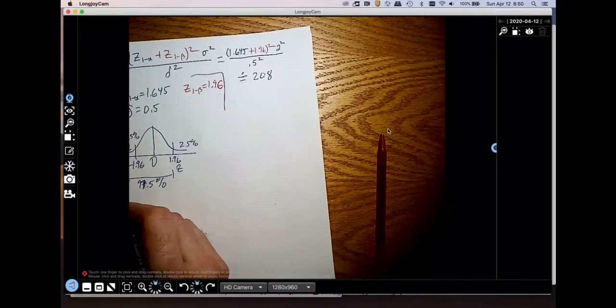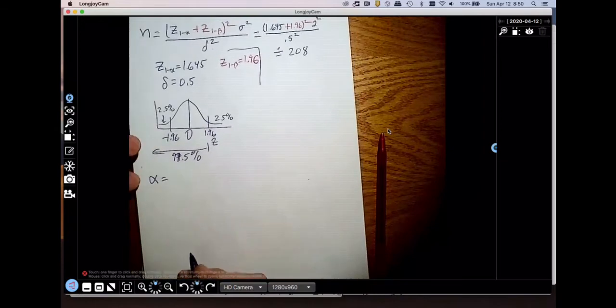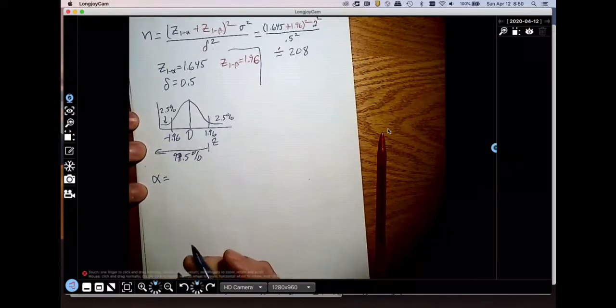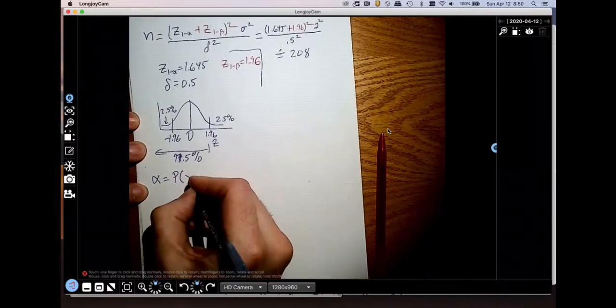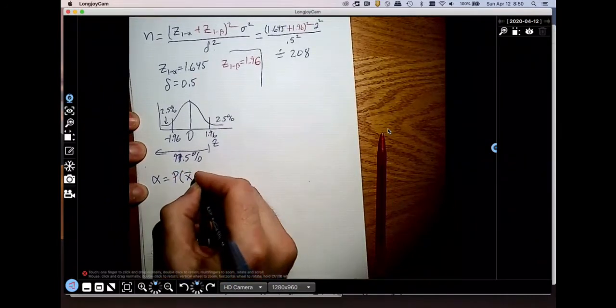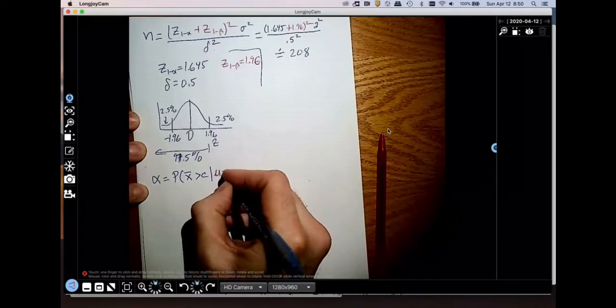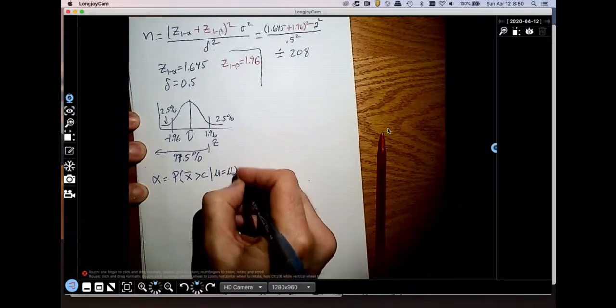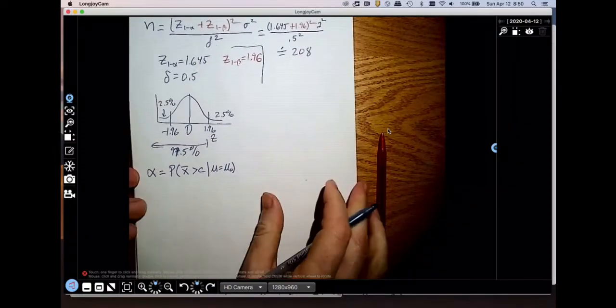So my alpha, which in my case was 0.05, is just the probability that I get an x bar bigger than my c under the assumption that mu is mu naught. Okay, so that's the reference value for my hypothesis test.